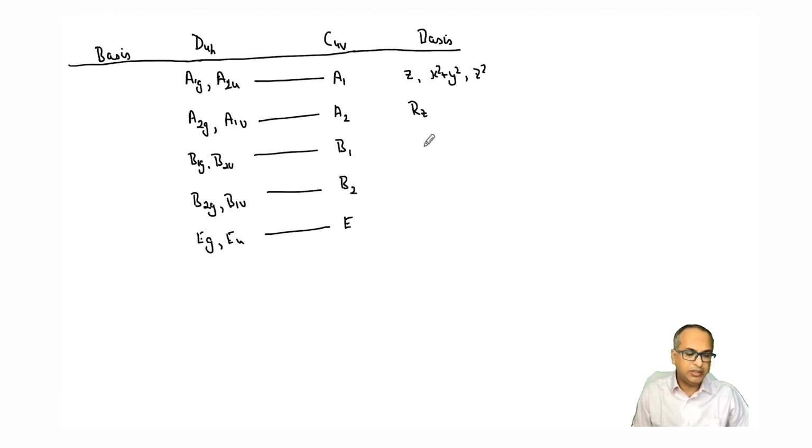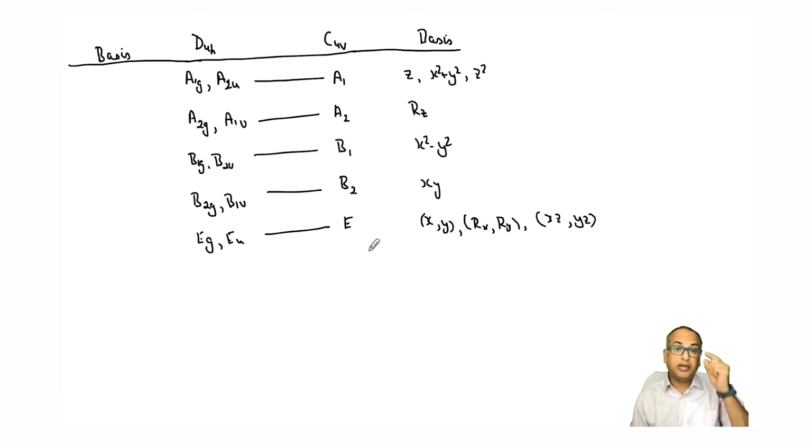RZ has A2 as the basis, then X square minus Y square, then XY, then X comma Y, RX, RY, and XZ, YZ, right? So now let's also look at the bases under A1G and A2U combined here, because both of them are correlating with A1. So if we read out directly from character table, we will see that the bases are X square plus Y square, Z square, and Z. Okay, you get same basis.